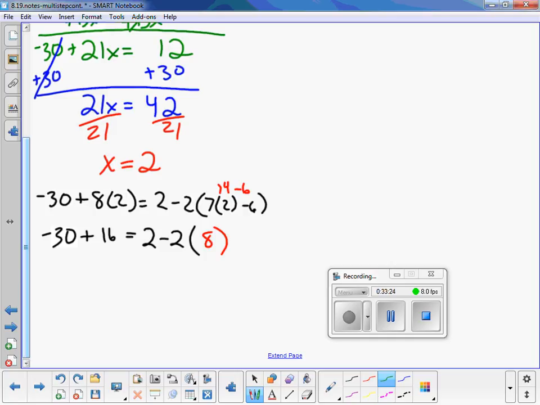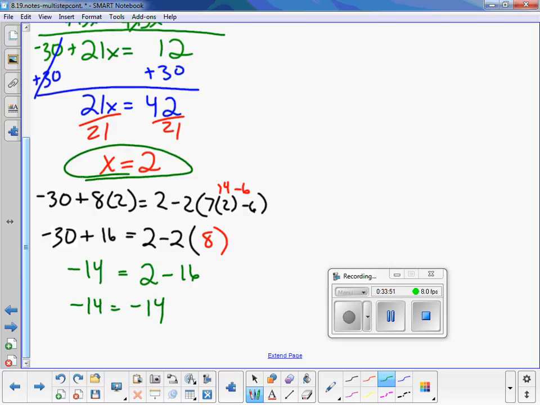And then on the left-hand side, a negative 30 and 16 is going to give me a negative 14, and I have 2 minus 2 times 8. Well, 2 times 8 is 16. 2 minus 16 does give me negative 14. Negative 14 does equal negative 14, so that is my answer.